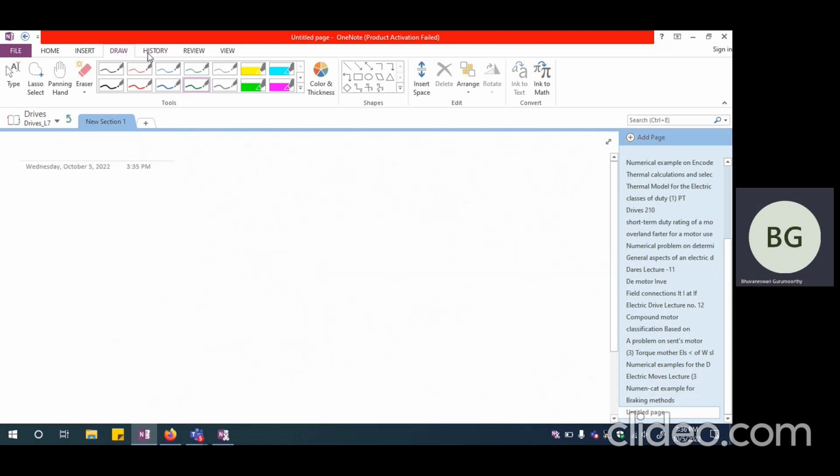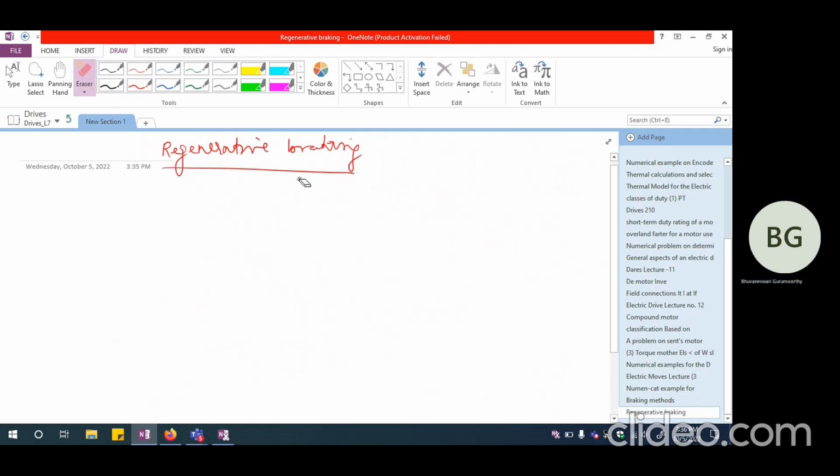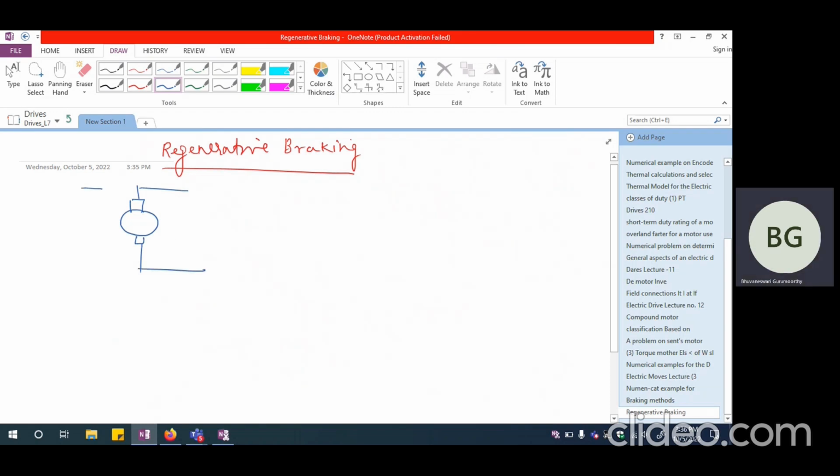Now let's start with regenerative braking. So what is regenerative braking? If this is my separately excited DC motor, I'm going to have the field here.